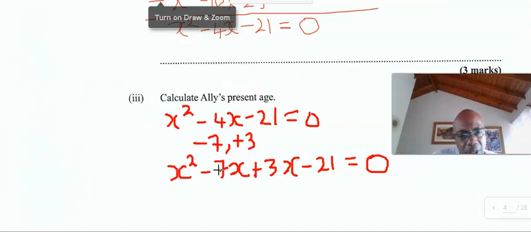So if you look at the first pair of terms here, x squared minus 7x, there is a common factor which is x.